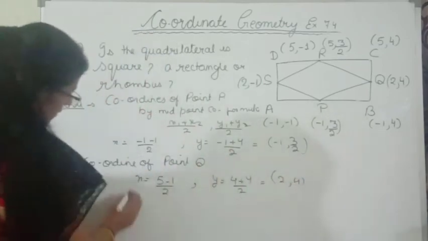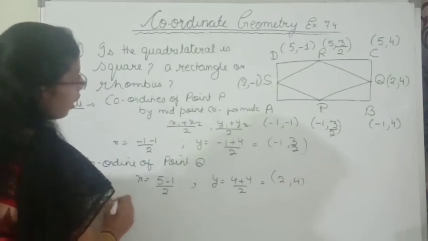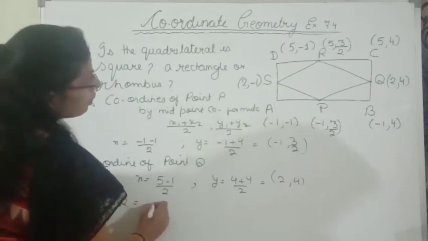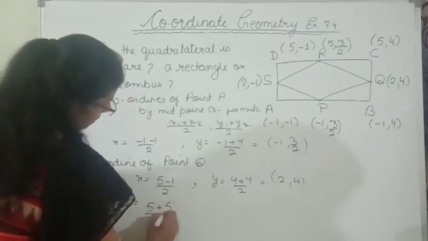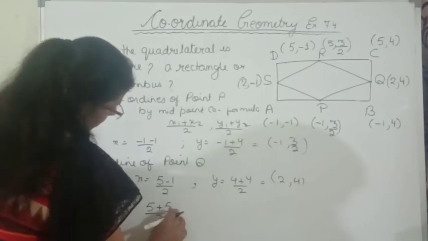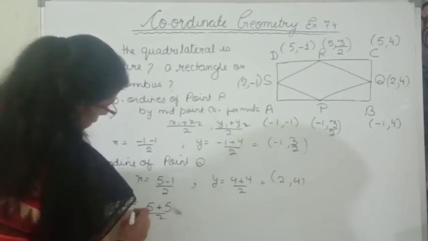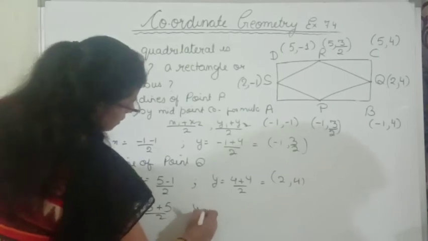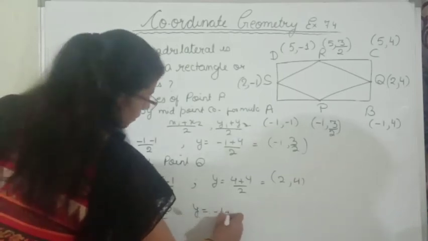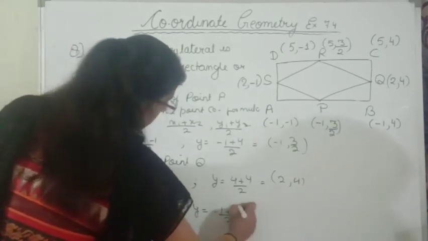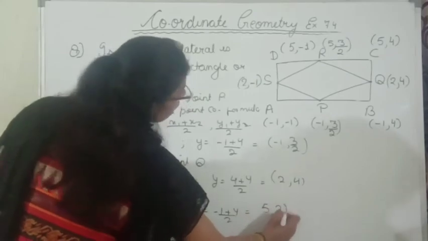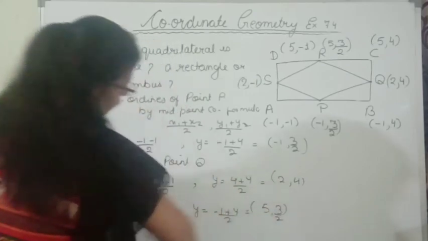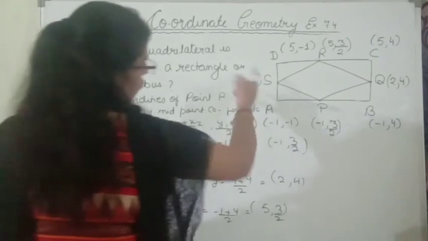Same way for R: 5 plus 5 divided by 2 is the x coordinate, and the y coordinate is -1 plus 4 divided by 2. That means the x is 5 and the y is 3 upon 2, so 5 comma 3 upon 2. Same way you will find the S coordinate.